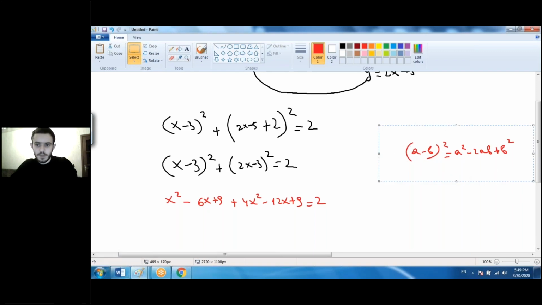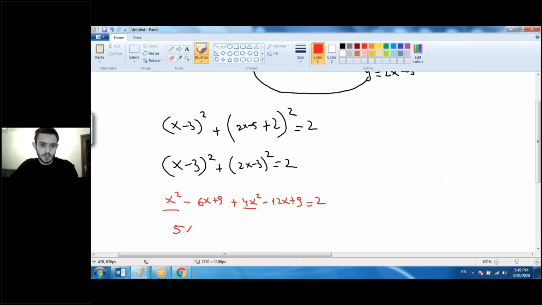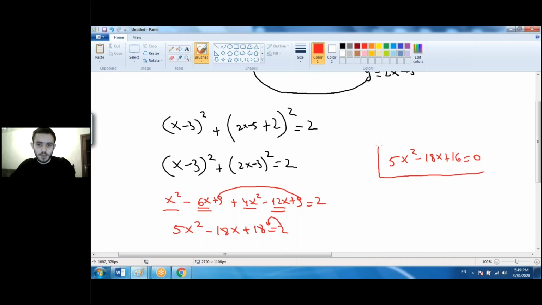So the next thing we need to do is to simplify our expression. 4x squared plus x squared will give me 5x squared. Minus 6x minus 12x will give me minus 18x. 9 plus 9 will give me 18, equals 2. And from this point, I can move 2 to the left, changing its sign, and we will get 5x squared minus 18x plus 16 equals 0. Again, a quadratic equation, which we have to solve.